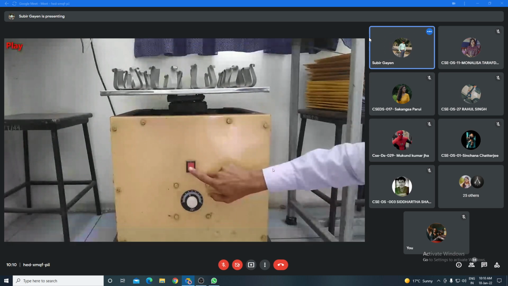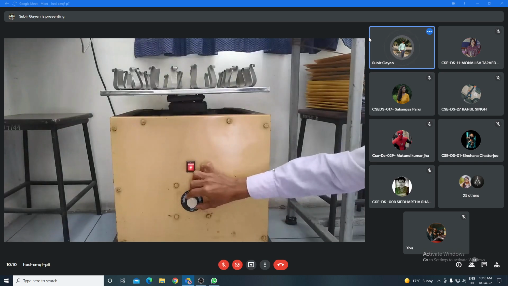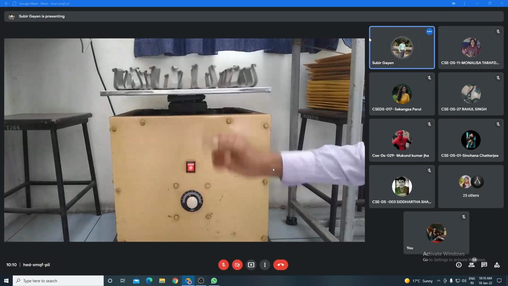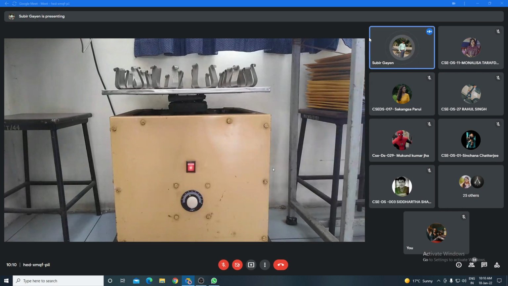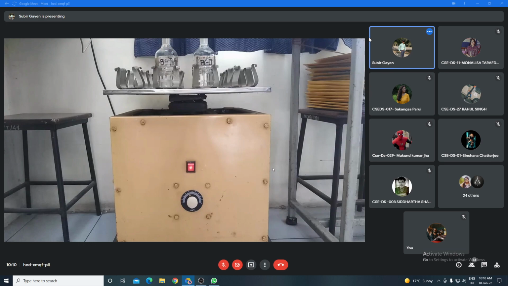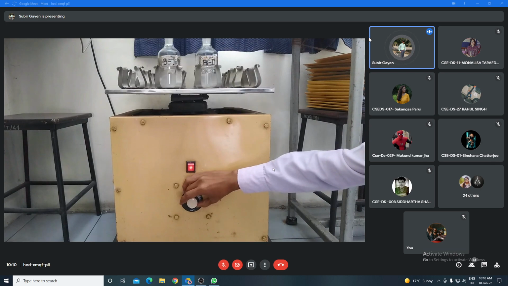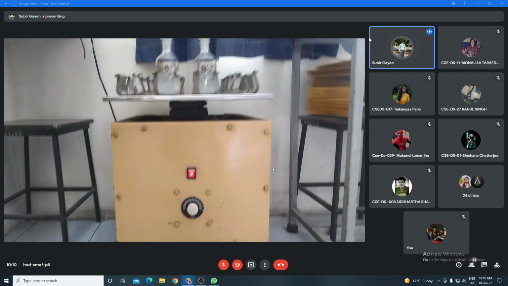Start, and from this knob you can control the rotational speed of the mechanical shaker. So at first I will set the two bottles here.